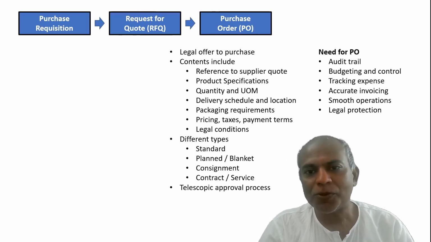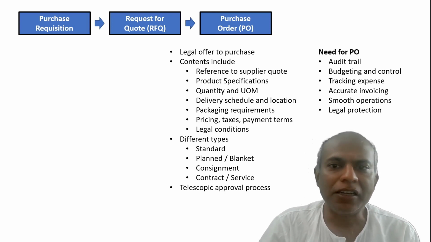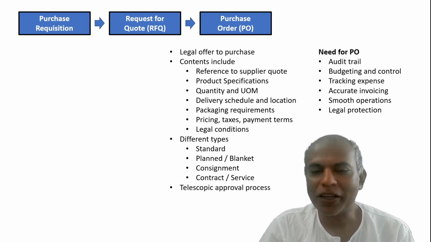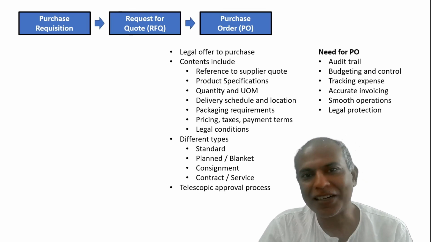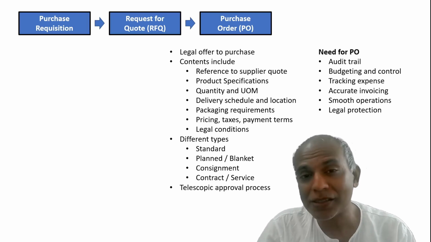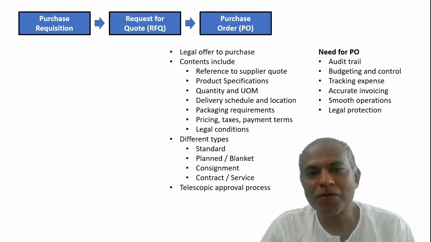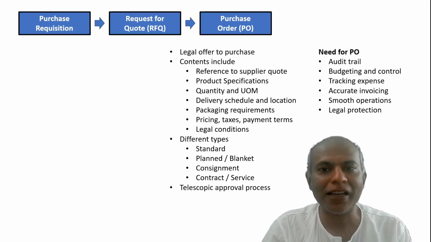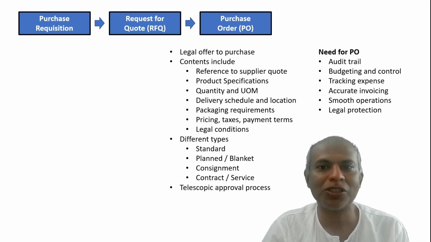That's what essentially we need to know about a PO. Again, as usual, we can extend this discussion, but as far as the purchase to pay process is concerned, this is all we need to know. In the next video, we will take the process of PO generation ahead.